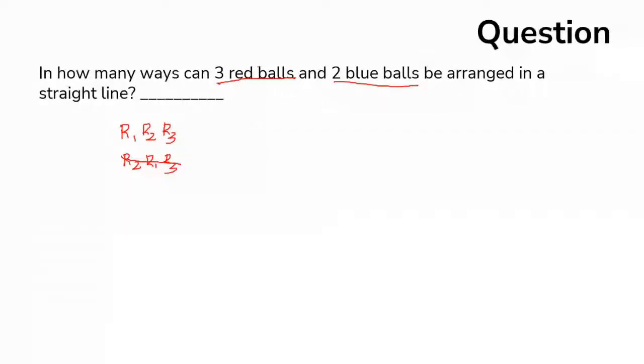So the same logic applies. Totally five balls and five places, so it is 5 factorial arrangements. Divide that by 3 factorial, because of the three red balls we get repeated arrangements, so we cancel it by 3 factorial.